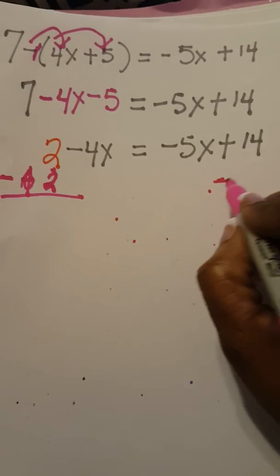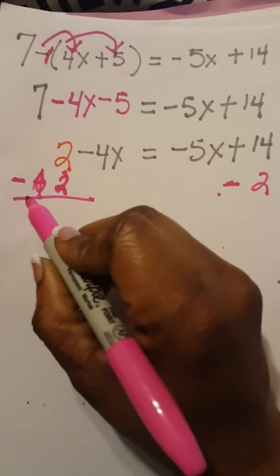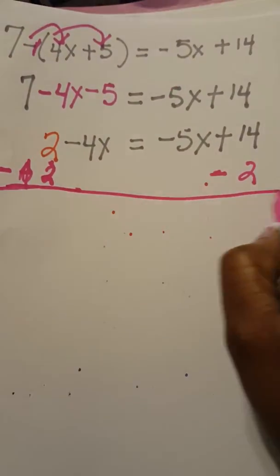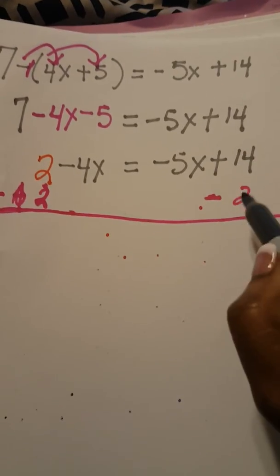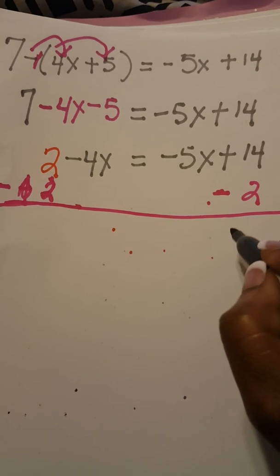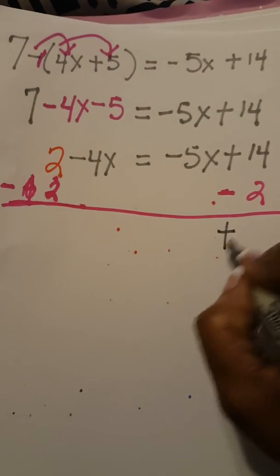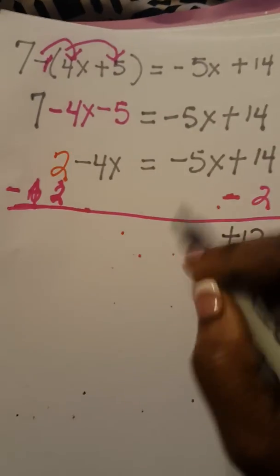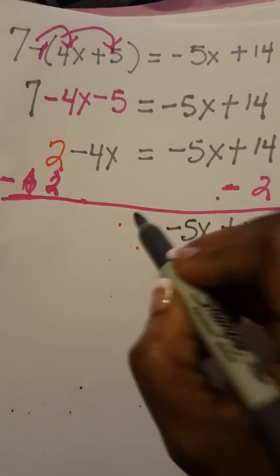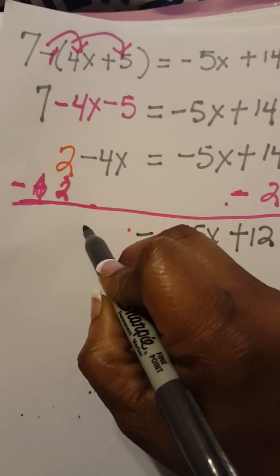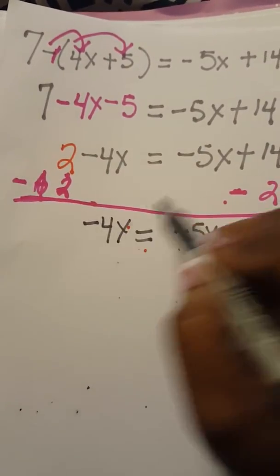So then I'll do a -2 here. And I'll go ahead and finish drawing my line. Okay. And I'll bring down what I have left, 14 minus 2, which is a +12. And I'll go ahead and rewrite my -5 because I haven't touched that, equals -4x. Okay.